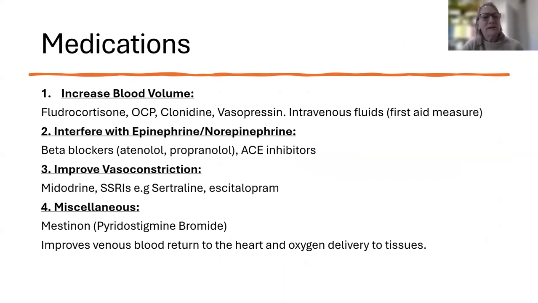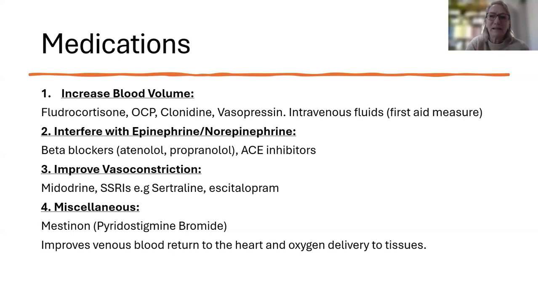The first are the ones that increase blood volume, and fludrocortisone is probably the first go-to for treatment, and it's probably the most common medication that's used, and often it's all that is needed. There's some other medications that are not first-line treatments, but if you're on them, you'll find that they also increase blood volume.